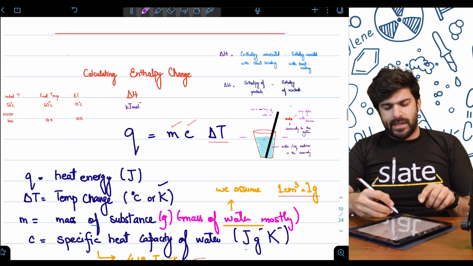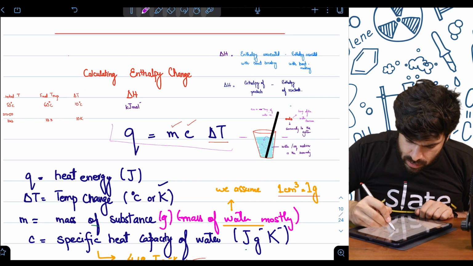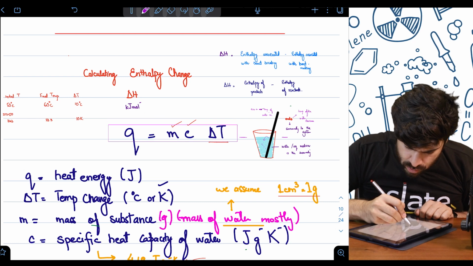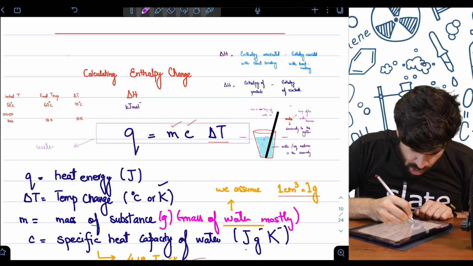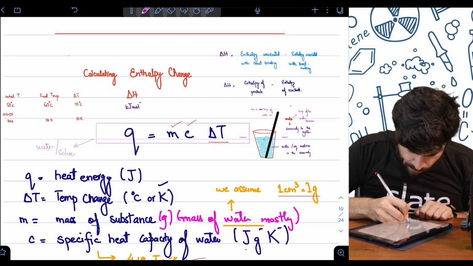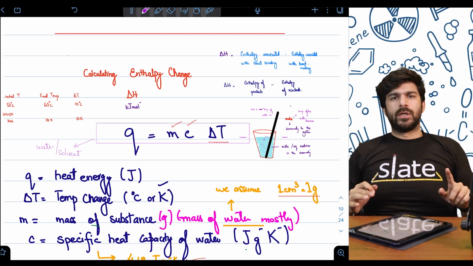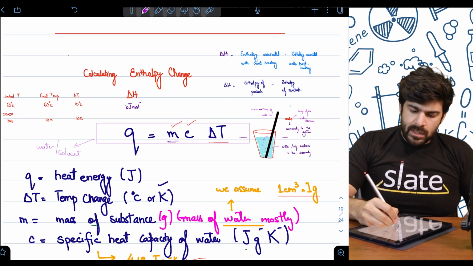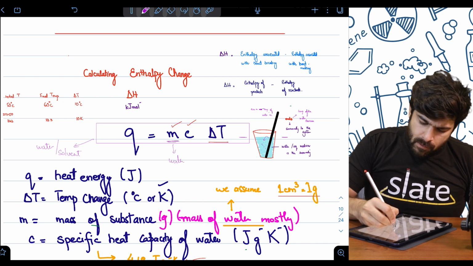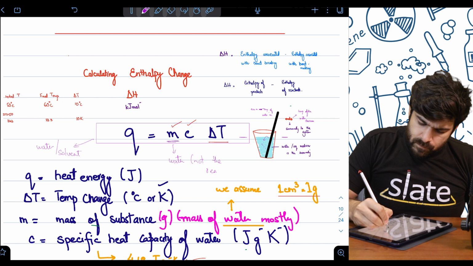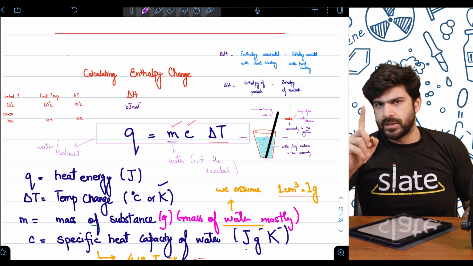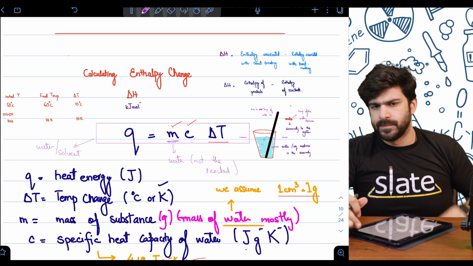So that is why this whole equation belongs to water or solvent. The mass is of water, not the reactant. It's always of water, always.